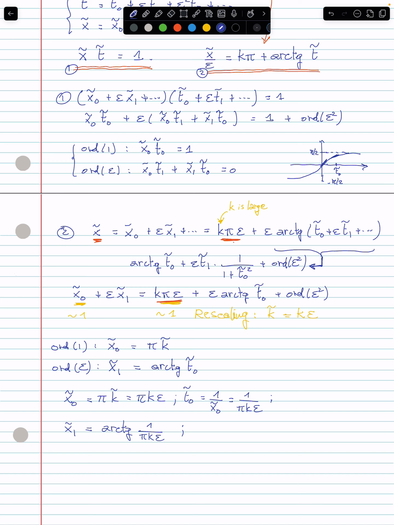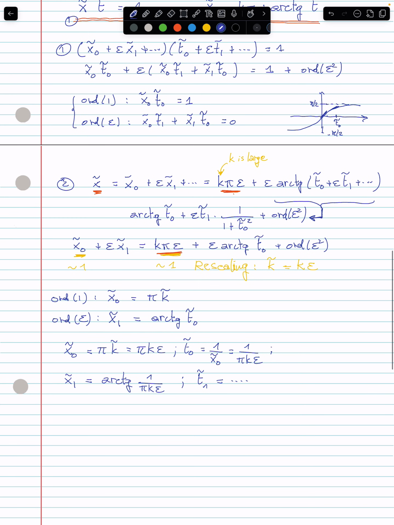And if you wish, you could express t1, but this is something that is probably not useful in this case, all right? Because what we are interested in at the end of the day is to write the sequence for x. Remember, we wrote x is x tilde over epsilon. So this is x0 plus epsilon x1.